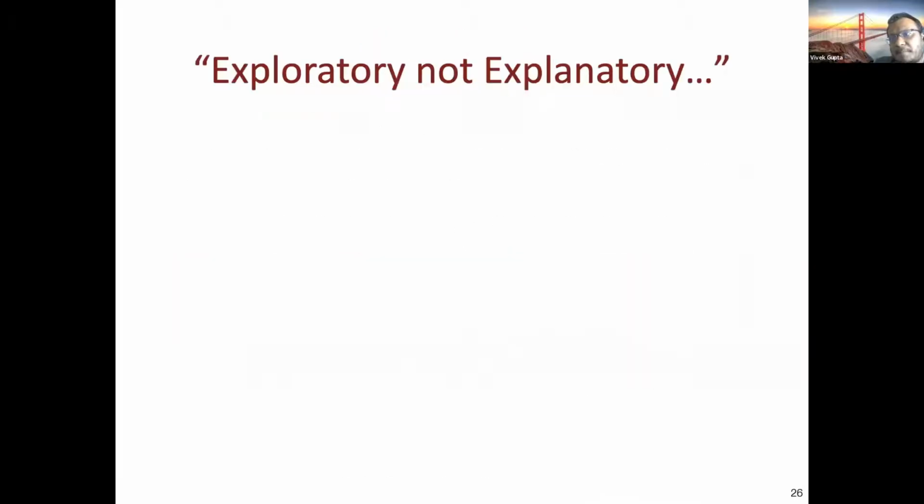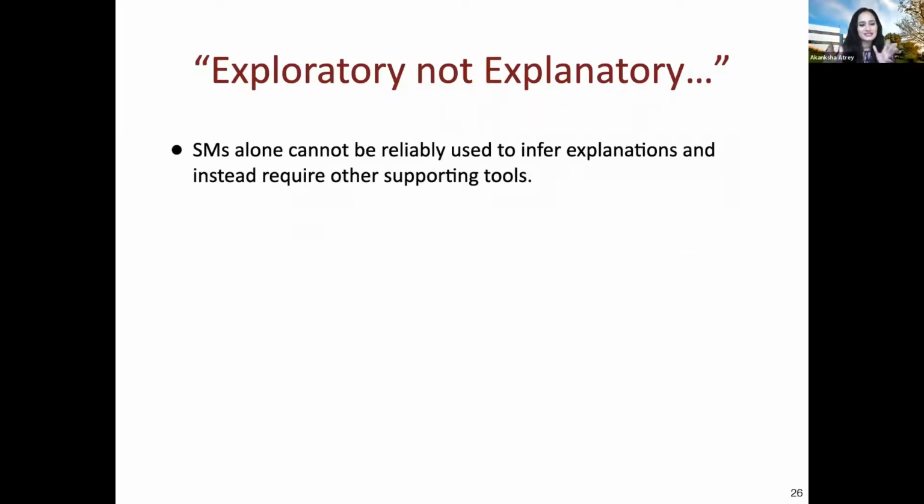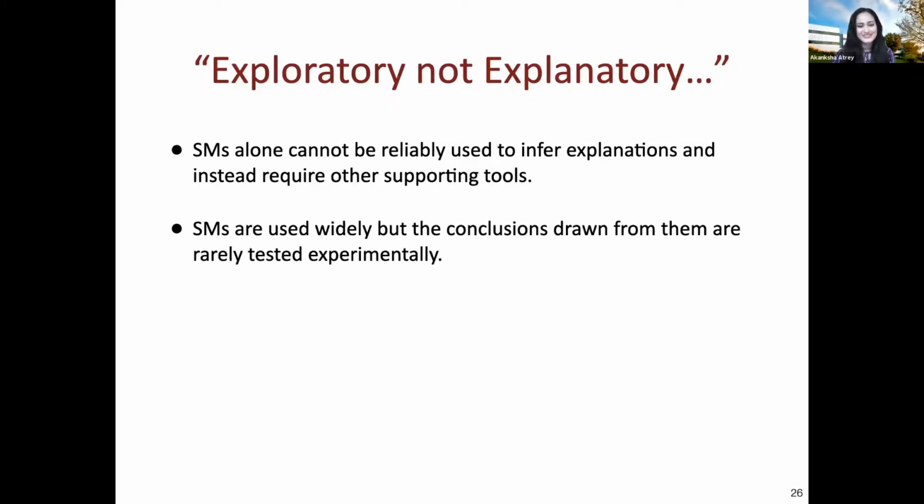Okay. So let's conclude the paper at least. In conclusion, what does this exploratory, non-explanatory approach do? Here we're just saying that saliency maps alone are not reliable tools to infer explanations. Instead you have to use them with other supporting tools or test your hypotheses. And that's exactly it.